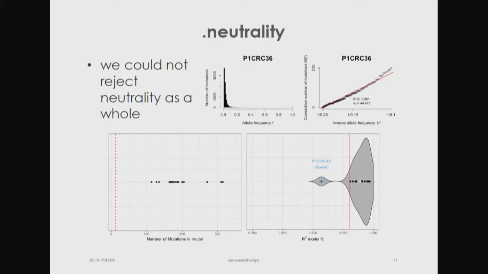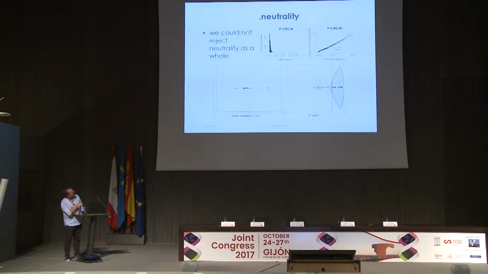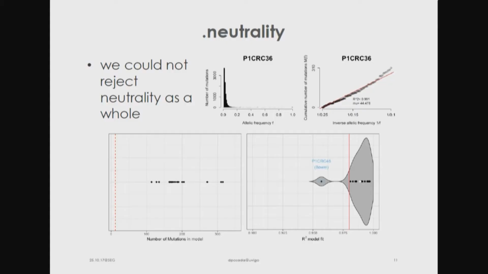And if we plot the cumulative frequency, we should see a line. So we can get our data and check whether it follows this. This is a power law, okay, a 1/f. Whether in our real data the number of times we see a mutation with X frequency follows this line. And we did this for all the regions, and in most cases we cannot reject neutrality.